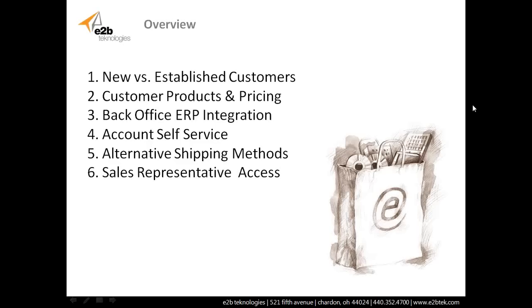Customer-specific products and pricing. Some of the B2C sites are getting there, but in a B2B environment, if I log in, I've got my specific customer contract pricing already set up in my back office accounting or ERP application, whether that's Epicor or a Sage application or QuickBooks or what have you.